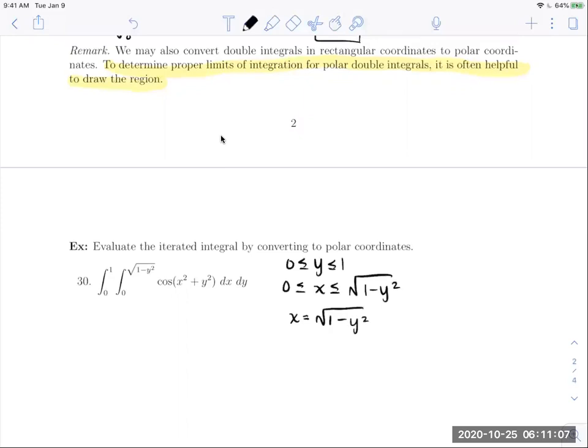If I squared both sides, I would get x squared equals 1 minus y squared. And then moving the y squared over, I get x squared plus y squared equals 1.